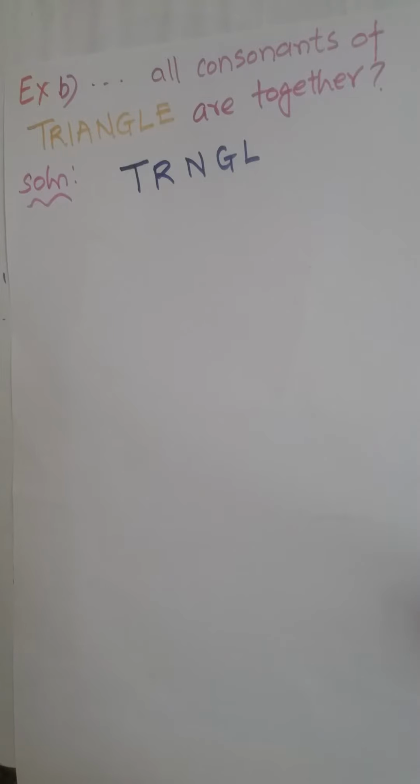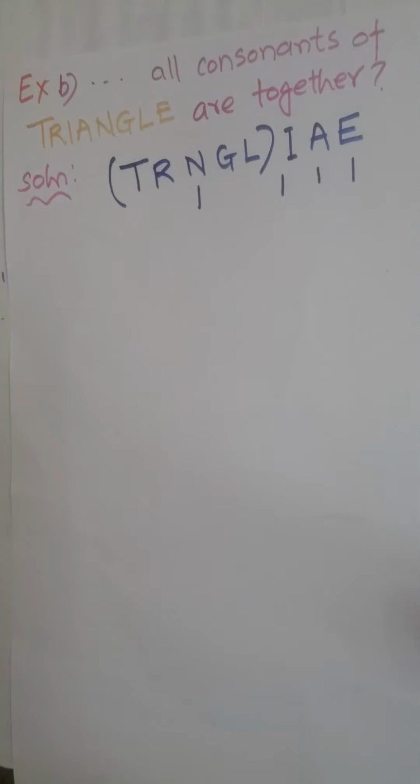So we'll put a bracket like this. Then we will write the vowels. So it becomes like this. T, R, N, G, L is considered 1. I, A and E are also 1. Like this. So how many total objects are there? Total objects to be permuted are 4, in which one object TRNGL is considered as 1 inside the bracket.